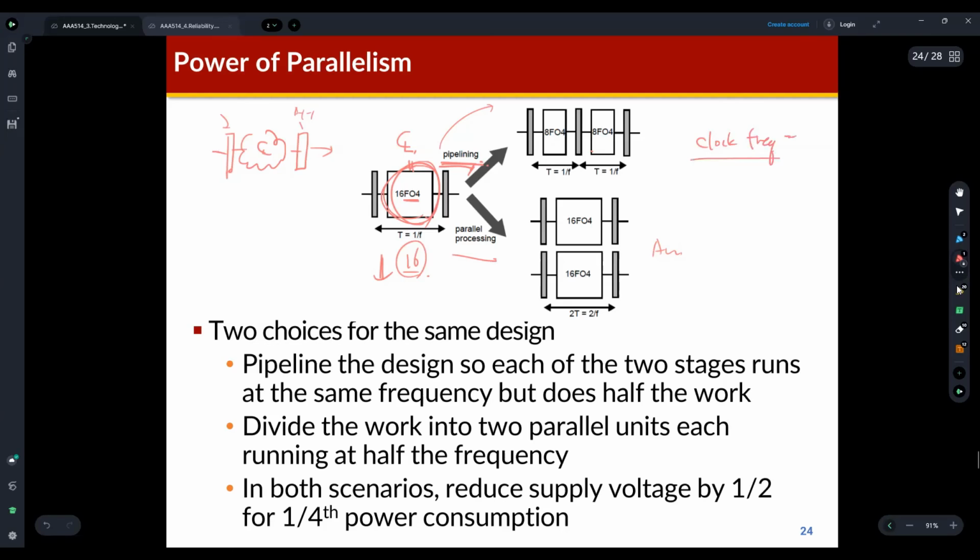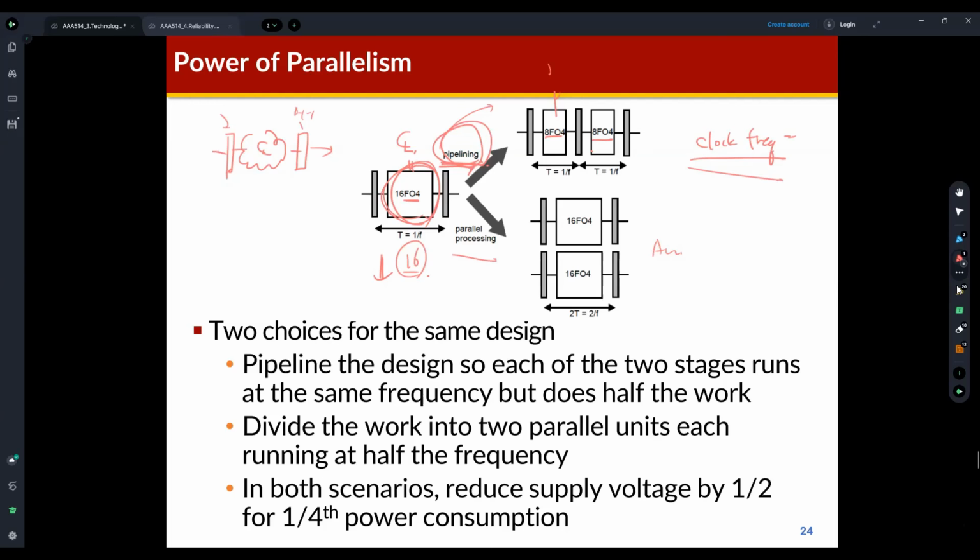If we apply pipelining and the clock frequency is the same, the combinational logic is split into two parts, each with half of the delay, like 8 FO4 and then 8 FO4. And the clock frequency is the same. What's the benefit? What's the advantage of this circuit?